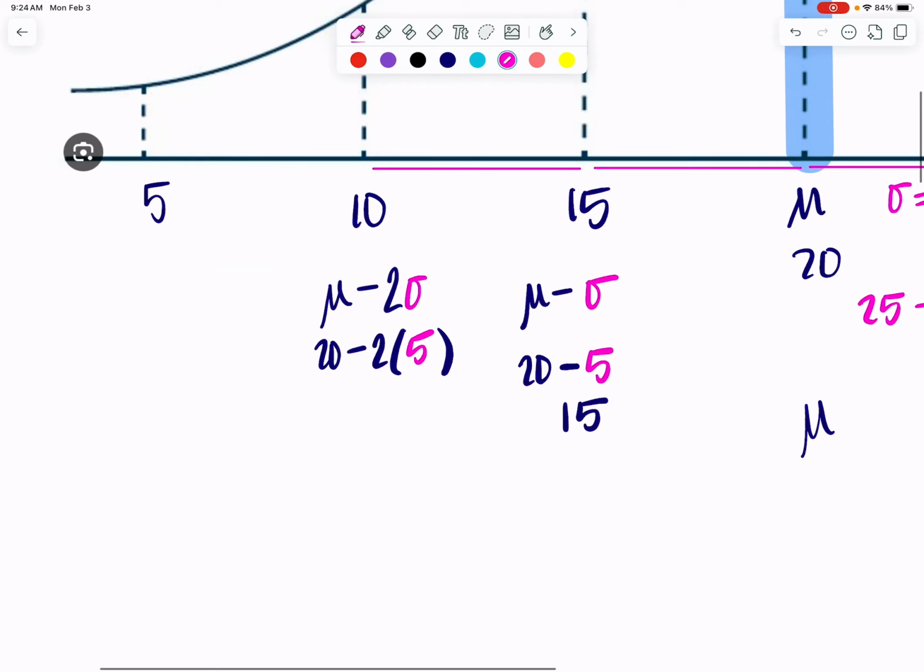Well, 20 minus 10 is 10. Same idea applies for the last section to the left of the mean. This is mu minus 3 sigma. So as long as you know mu and you know sigma, you can calculate the rest of these in your table.